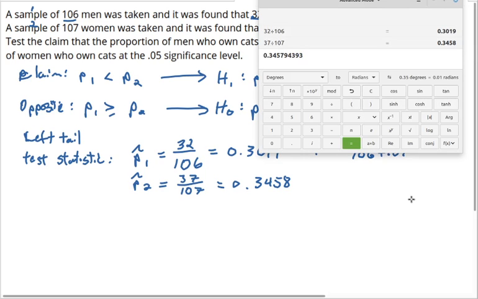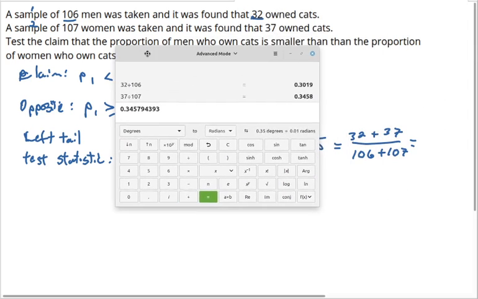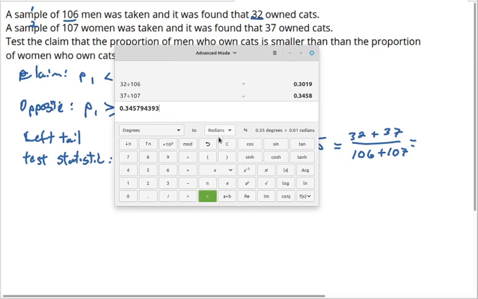Okay, and if I use my calculator here, I'm going to group the top in parentheses, so we'll do 32 plus 37 in parentheses, and then we'll divide that by the 106 plus the 107. That gets me about 0.32, that 3 should round up to a 4, although let's take it out to 4 decimals, so 0.3239.